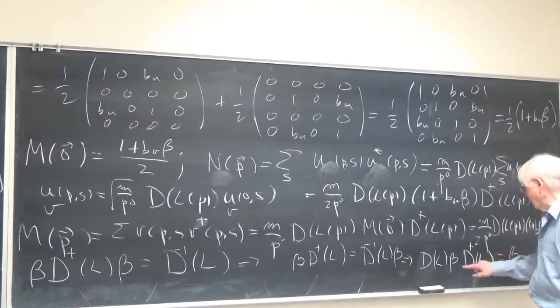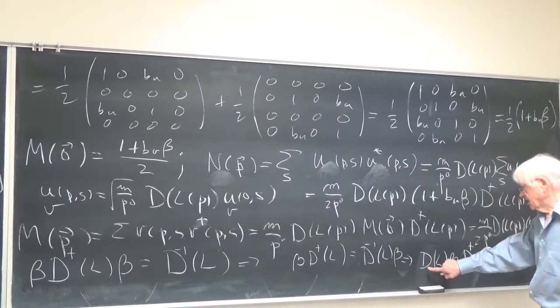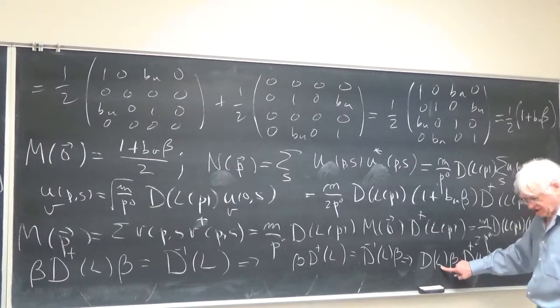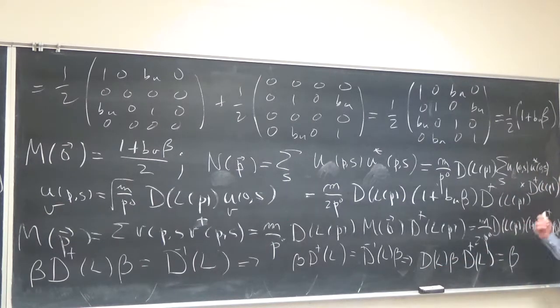So we've learned something here. The 4x4 matrix that represents the Lorentz transformation, the standard boost to momentum P, on beta, the adjoint of that D is beta.